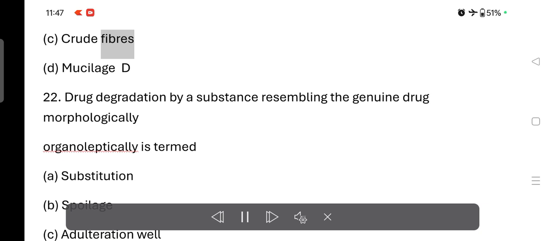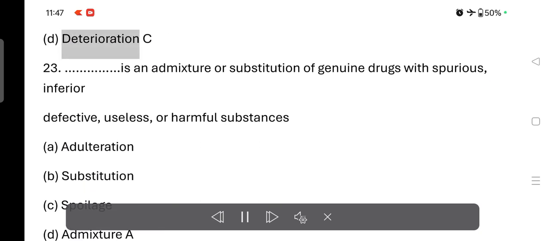C. Crude fibers. D. Mucilage. Answer: D. 22. Drug degradation by a substance resembling the genuine drug morphologically and organoleptically is termed A. Substitution. B. Spoilage. C. Adulteration. D. Deterioration.